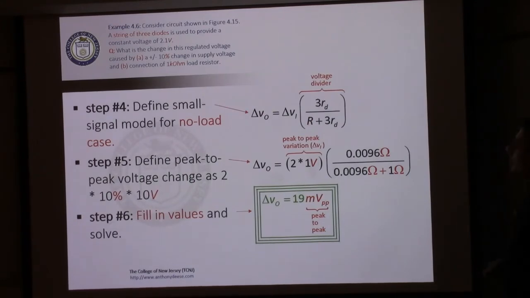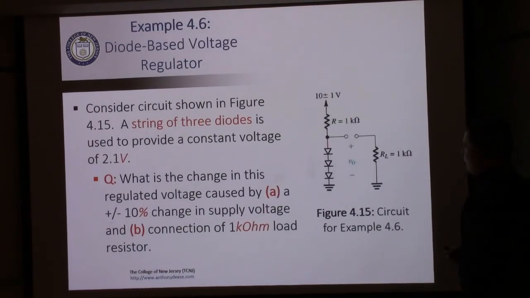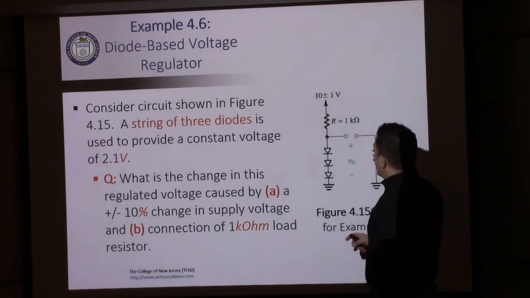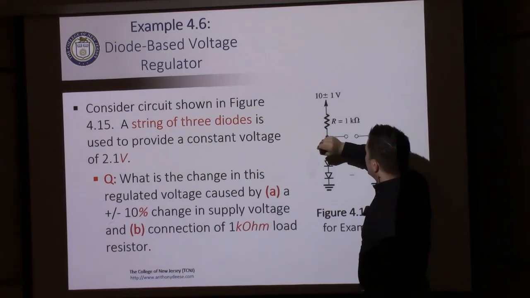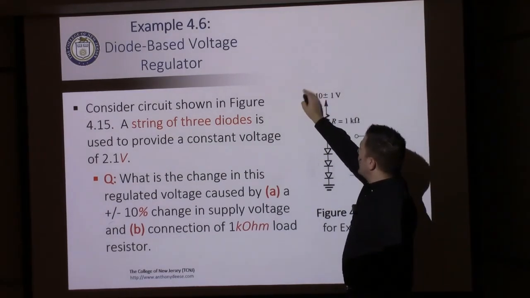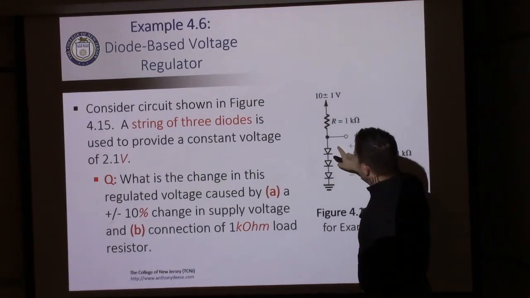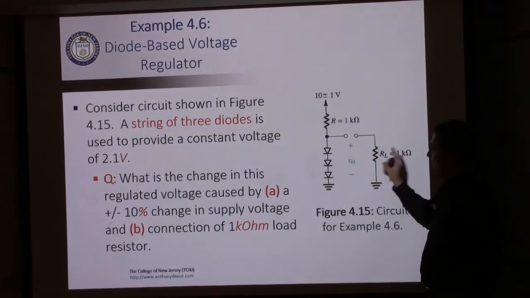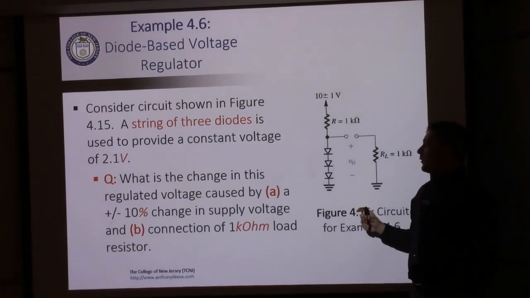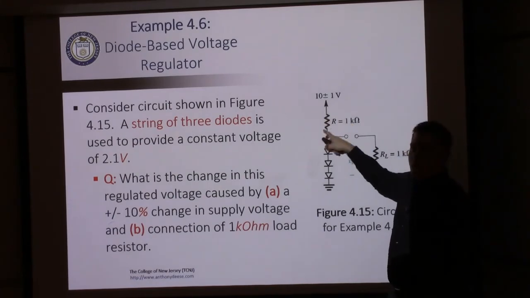All right, how do we solve for the output? If I go back to the circuit here, what you'll see is that from the point of view of the small signal, we'll have a 1 volt amplitude sine wave in series with a 1 kilo ohm resistor in series with 3 3.2 ohm resistors. So if we want to figure out what V out is, we have to look at this as a voltage divider, 9.6 ohms and 1,000 ohms.